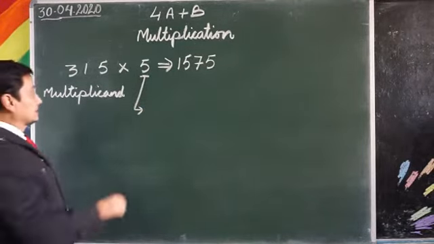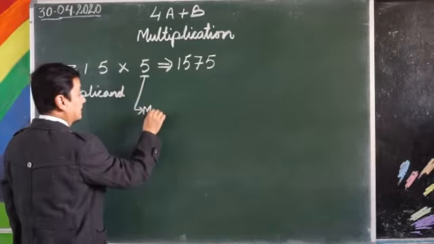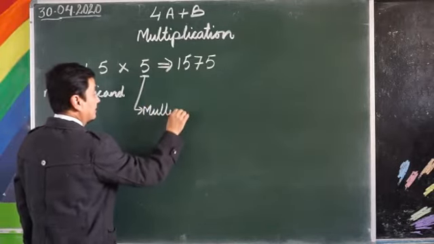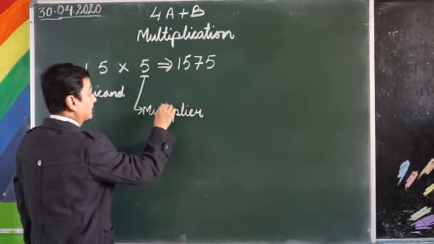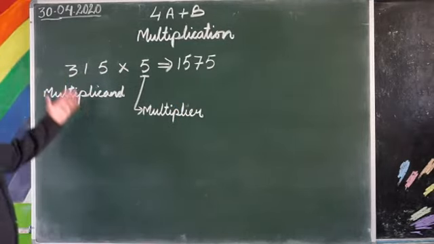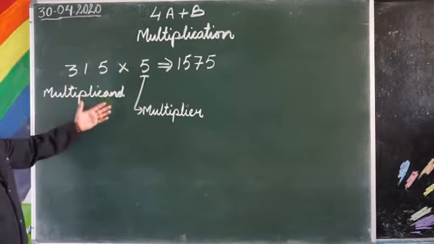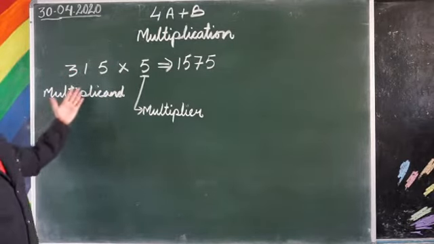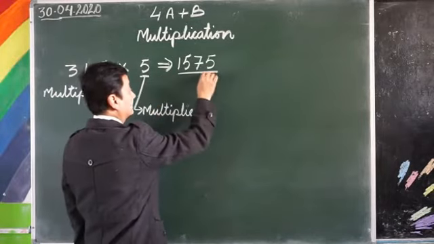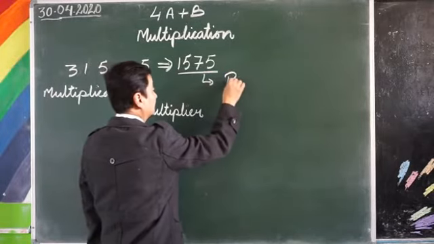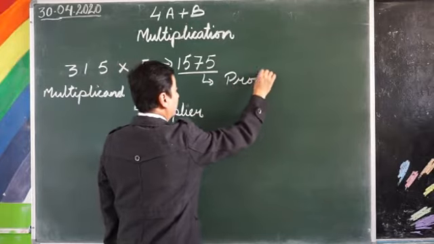This is known as the multiplier. And when we do the sum, when we multiply the multiplicand and the multiplier, we get an answer. And the answer is known as the product.